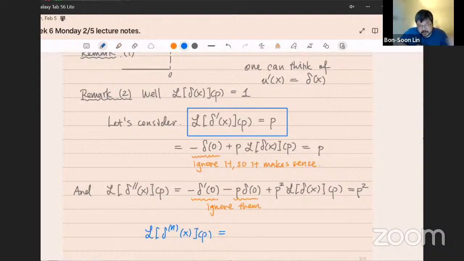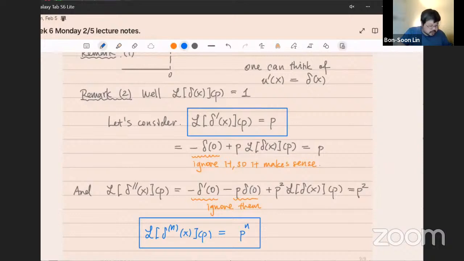If the Laplace transform of delta prime is p, and of delta prime prime is p squared, yep. By ignoring terms, because we would need to determine the value of the various derivatives of delta at 0, those are nonsensical, so we ignore them so it makes sense. In order for it to make sense, we define the Laplace transform of delta n to be p to the n. If we really want to figure out what function transforms to p to the n, it will be the nth derivative of the delta function. It's kind of bizarre, but that's how it goes.